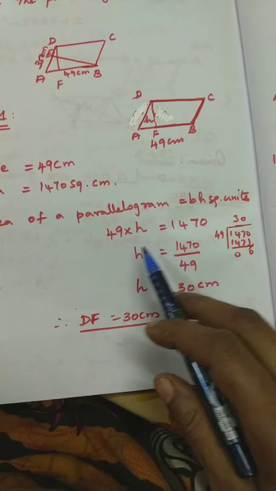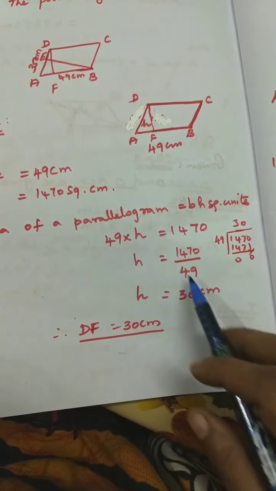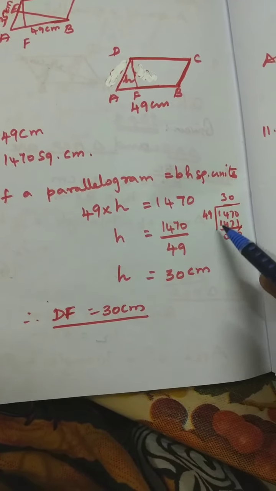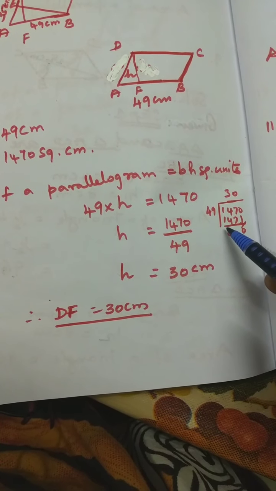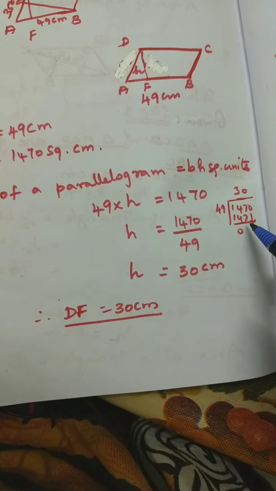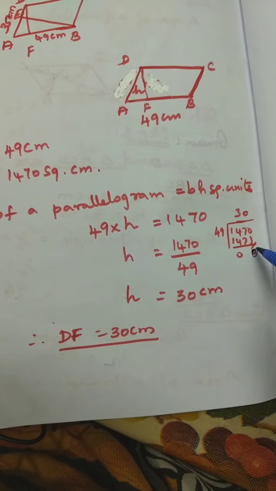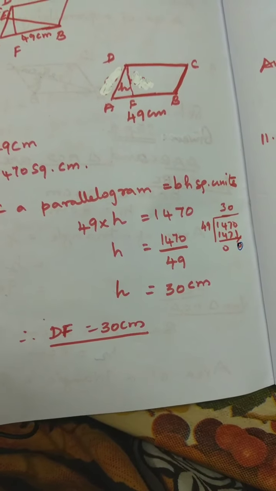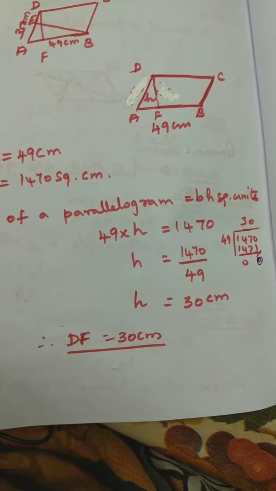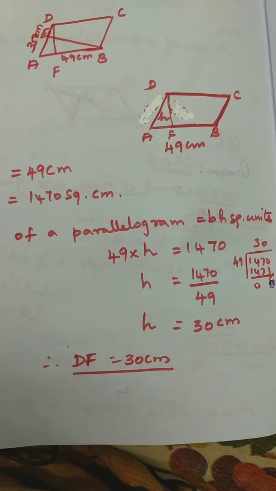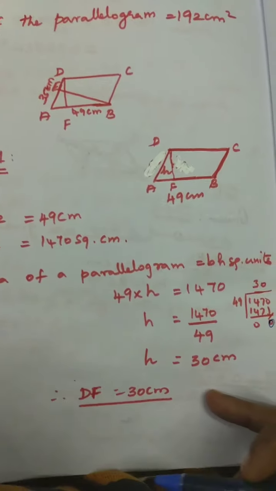Here keep H here, then bring the 49 this side. You divide. 49 3s are 147. Then 0, so we are adding 0. So H is equal to 30 centimeter. That is DF is equal to 30 centimeter.